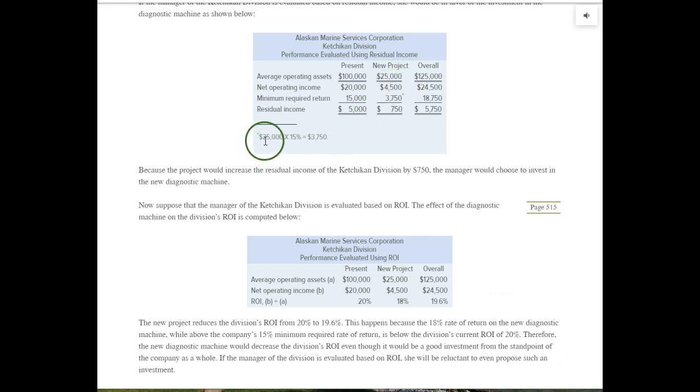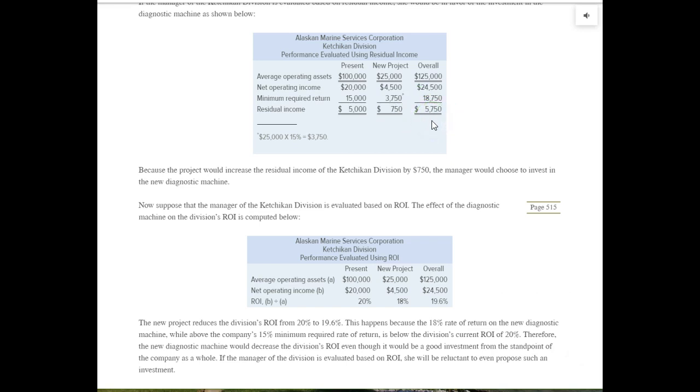If we take $25,000, the new investment, times the 15% required rate of return, we have $3,750 as the extra operating income we'd like to have based on this investment amount. We are above that. We predict it will come out with $4,500. So we would increase our overall residual income by $750 if we accept this new project.